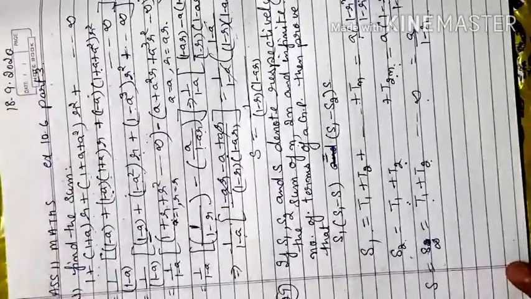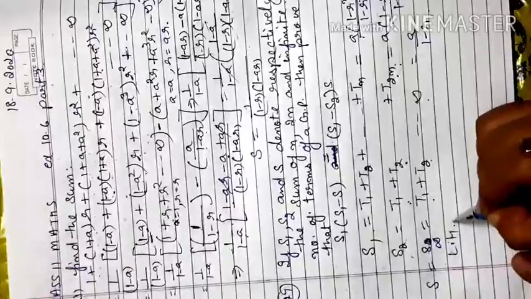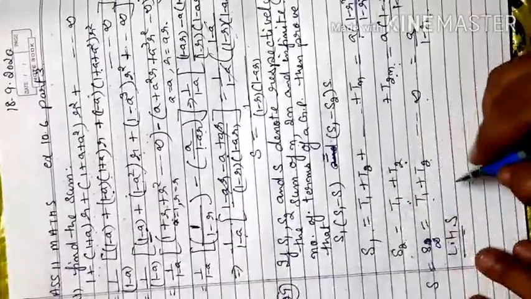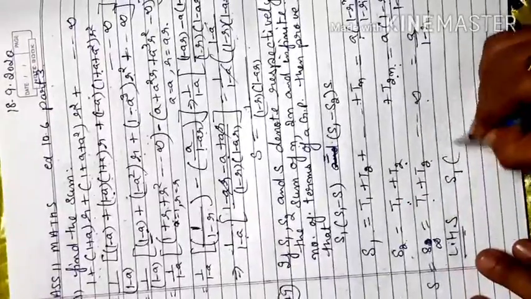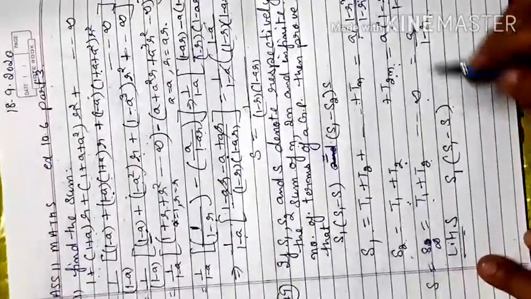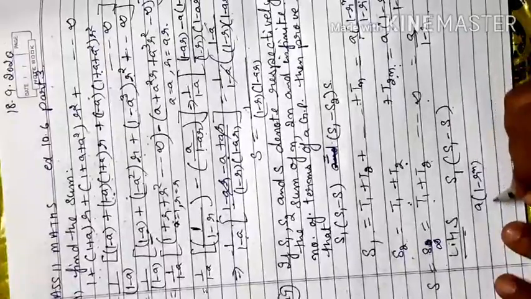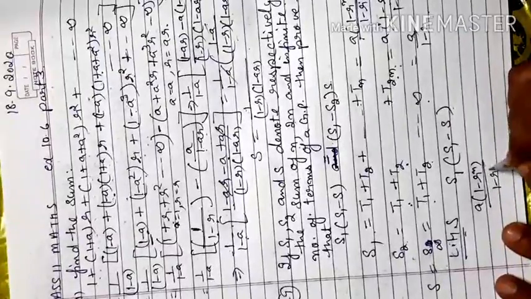So here now what you have to do, first you have to pick the left hand side term. Your left hand side term is S1 multiplied by S1 minus S. You replace the terms: S1 is a(1 minus r^n) upon 1 minus r.